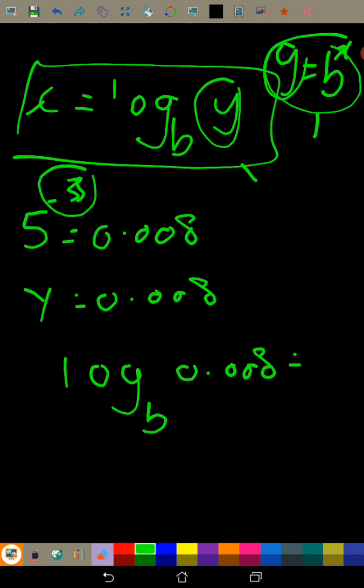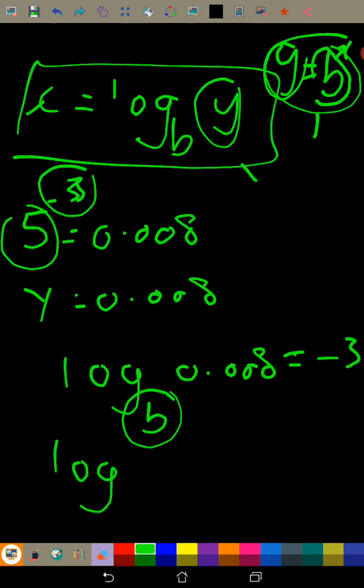X here is minus 3. So we need the base here, and the base is 5. So it's log base 5. If you compute it, you can certainly find it. Yeah, that's the answer.